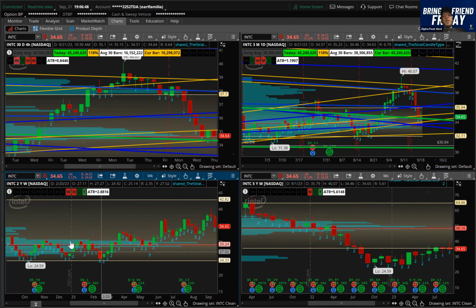Except for maybe the second and third retracement, every single time it creates a higher low on the week, and that weekly candle has been the signal point of, all right, this is when it's going to start to go back up.